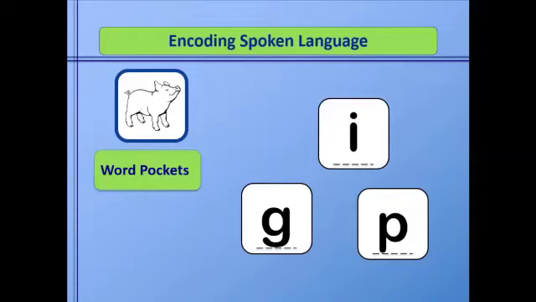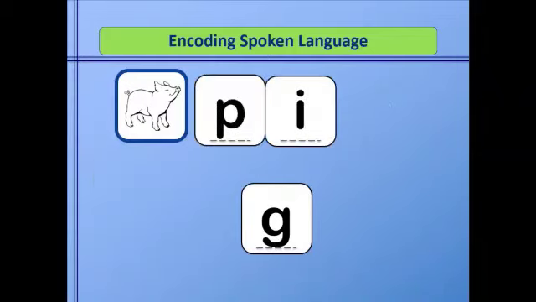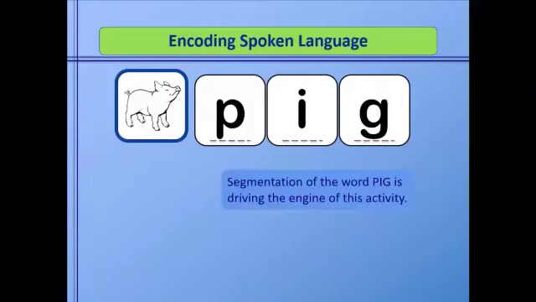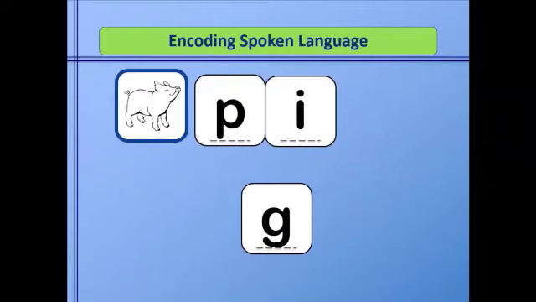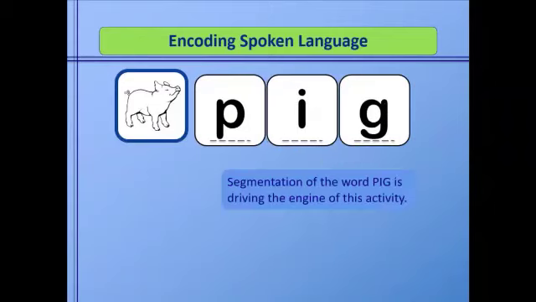And as you say them, I'm going to move the letters. Ready? P, i, g. Okay, excellent. Now you take a turn. Say the sounds of pig and then move the letters. P, i, g. Okay, excellent.